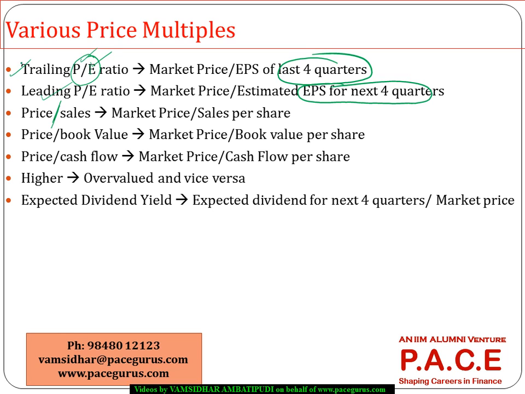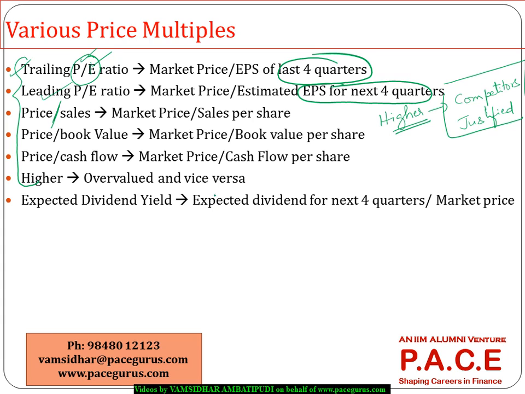In all these cases, if the ratio is much higher compared to the competitors or compared to the justified, that is, if the actual is much higher compared to the justified, we say that the stock is overvalued. Otherwise we say that it is undervalued.